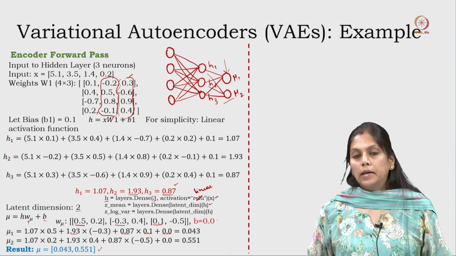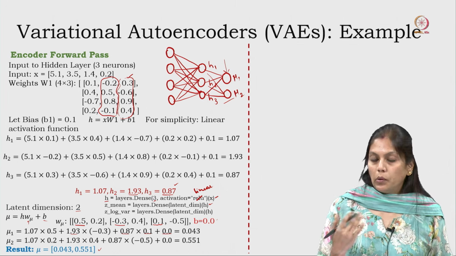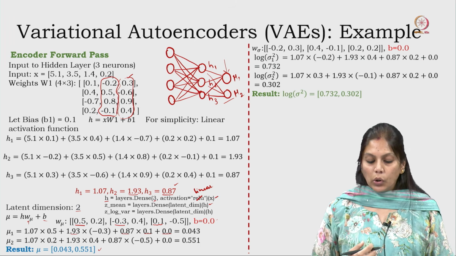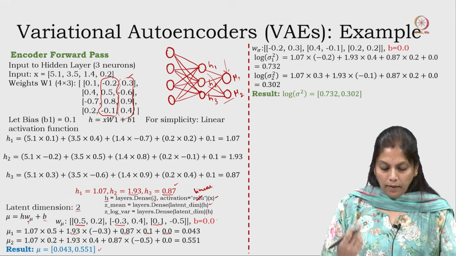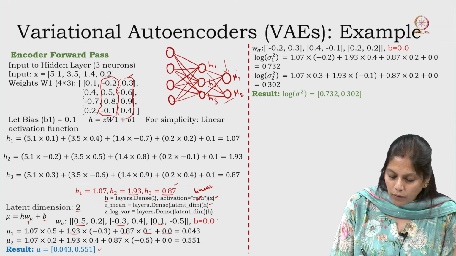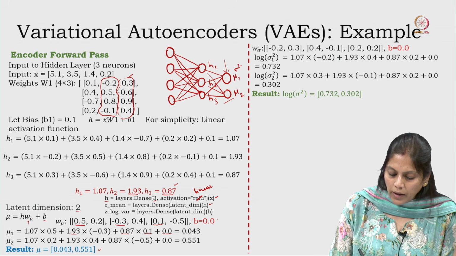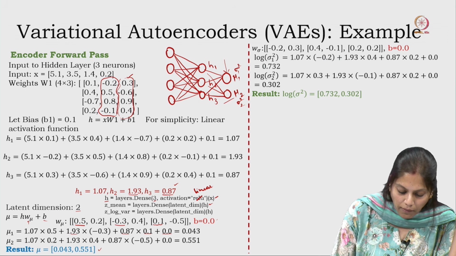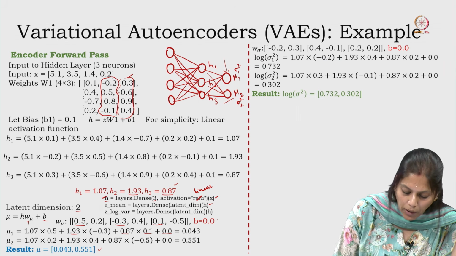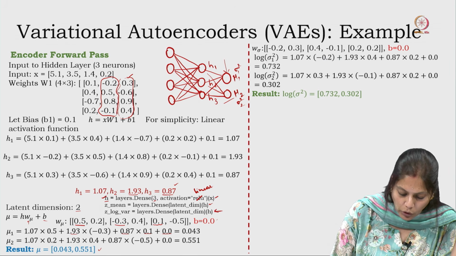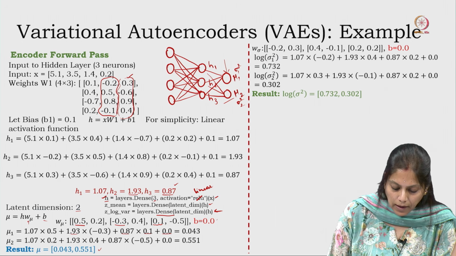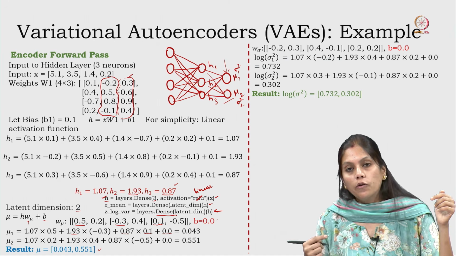Next, what is the next step? We have calculated the mean. Now, we have to get the variance also. So, how will you calculate the variance? We require variance 1 and 2. Again, whatever h value we have obtained, that h is passed to a dense layer, which means here again there is a different set of weights.